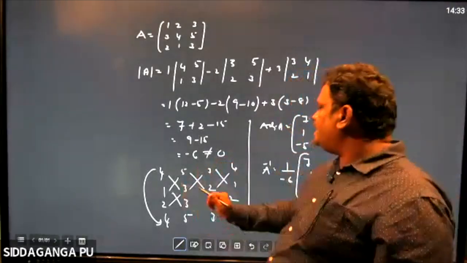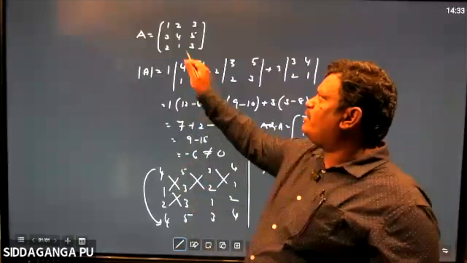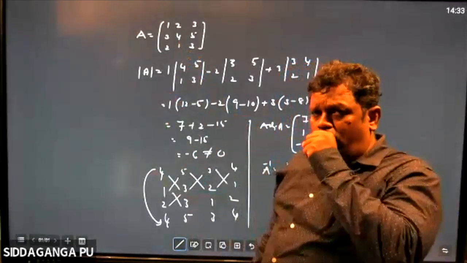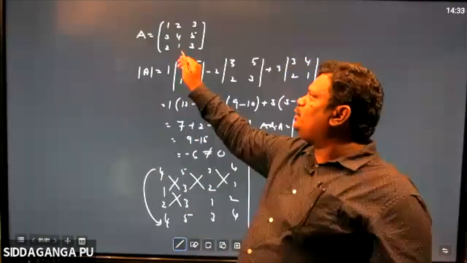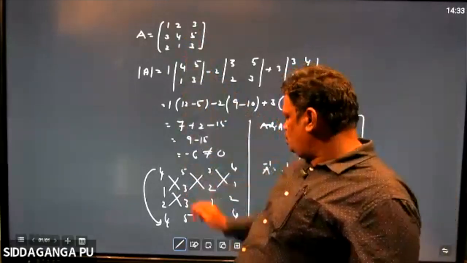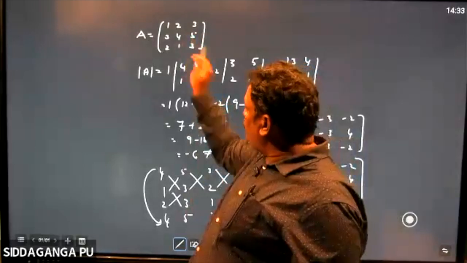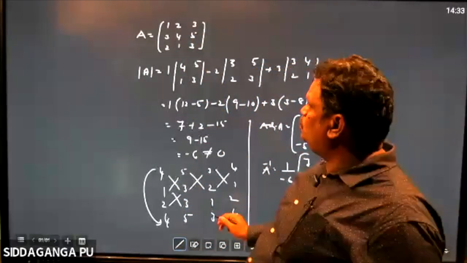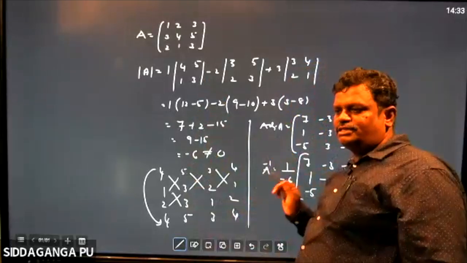After that we apply this method and can easily find the adjoint of A. To find it, we take the second element in the second row: 4, 5, 3, 4, 1, 3, 2, 1, 2, 3, 1, 2. Next, we repeat the same values and find the difference of these matrices.